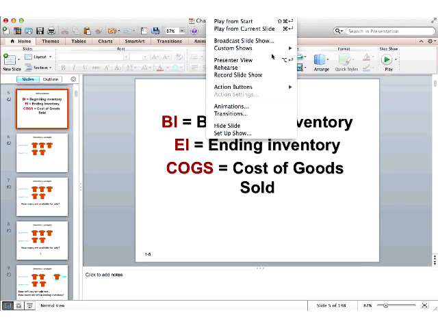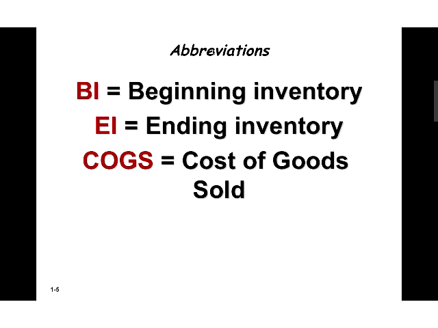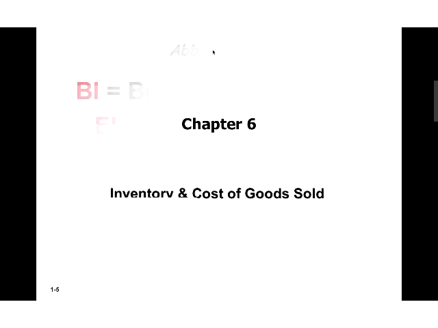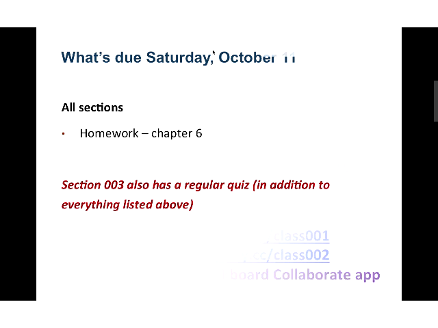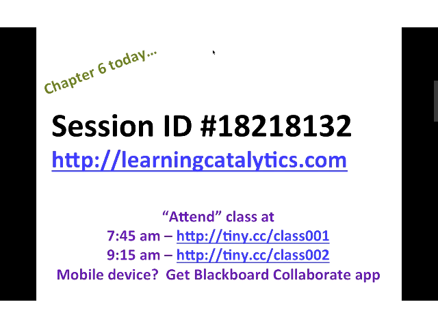Okay, so on Learning Catalytics, you should be answering the question now. You've got about 30 seconds left to answer it. Right now we have 38 responses. So Haley, let me go back. The session ID is 1821-8132. It's a one-word answer.